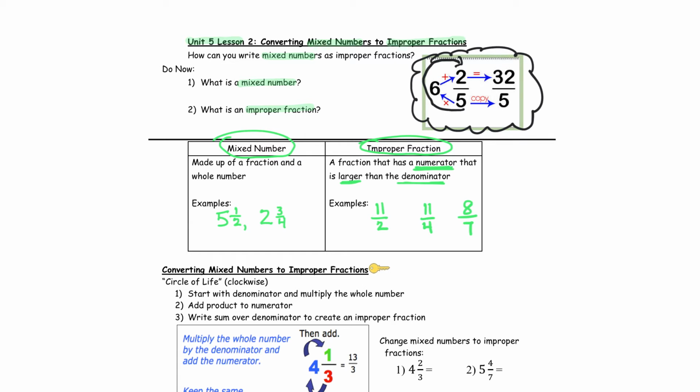We take the denominator of the fraction, multiply it by the whole number, and then add the numerator. We bring over and copy our denominator 5 here. Once we multiply 5 times 6, we get 30, plus 2 is 32 over 5. We are now finished.